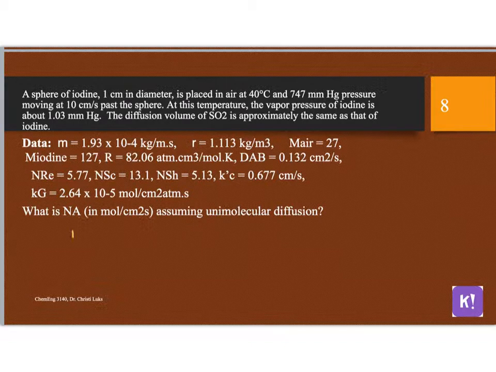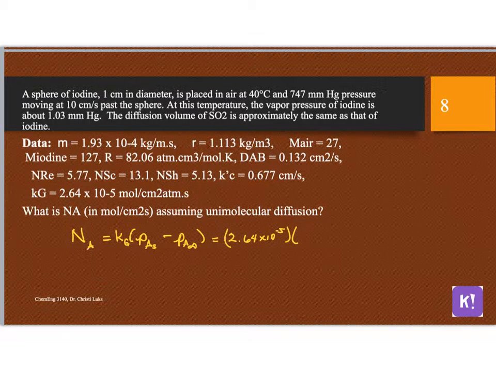All right, so doing this, N sub A is going to be kg times the partial pressure of A at the surface minus the partial pressure of A in the free stream. And that is going to be 2.64 times 10 to the minus 5th.